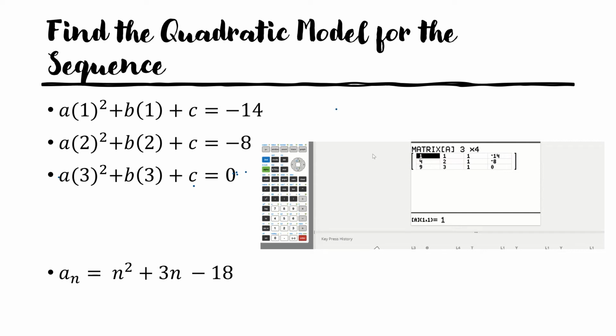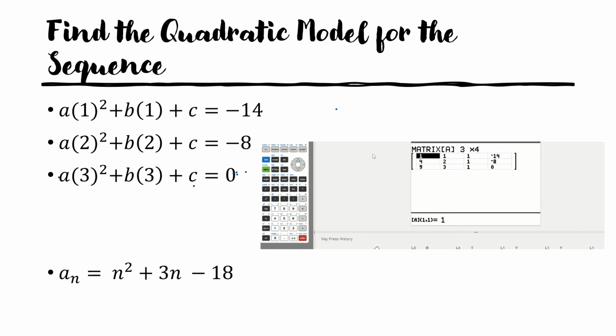And A times 3 squared plus B times 3 plus C equals 0, where we're trying to build a quadratic model for a sequence where we have a common second difference. Our first differences were 6, 8, 10, 12, and 14 from the numbers that we know from the sequence. But our second difference was a common difference of 2.